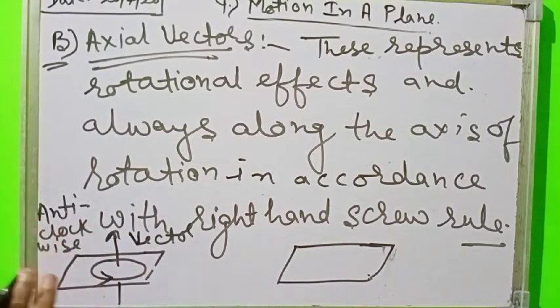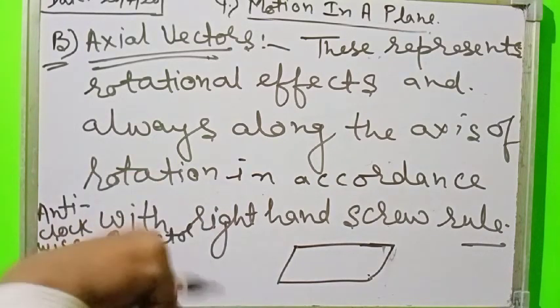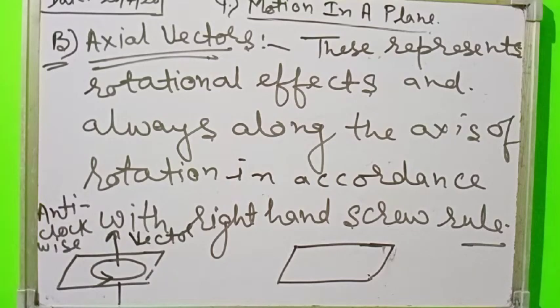Note it down and understand it, because in physics anti-clockwise and clockwise directions are always used. When the rotation is opposite to the direction of the clock, then it is called anti-clockwise, and if it is in the direction of the clock, then it is clockwise.